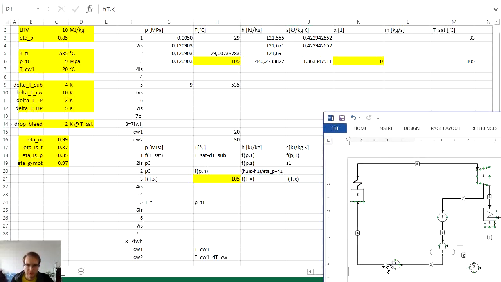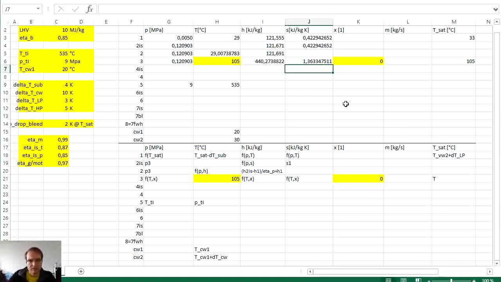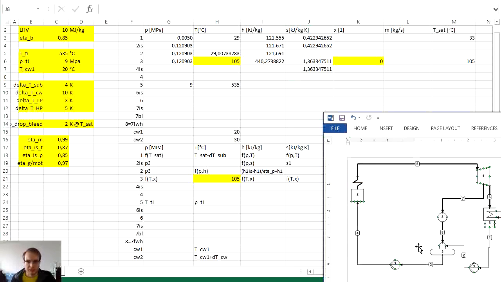Now we can move on to the pump. First we will have the auxiliary isentropic point, isentropic value, so entropy remains the same. With the pressure we will add one more boundary condition, because typically the boiler has a very high pressure loss.